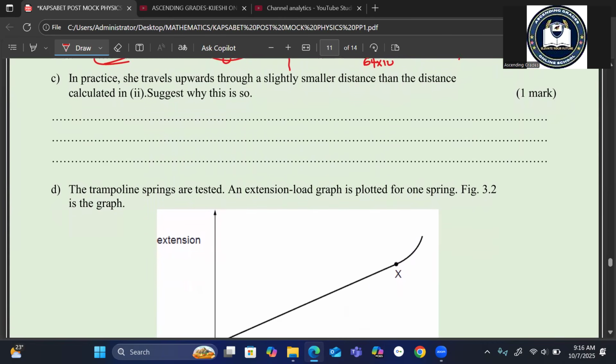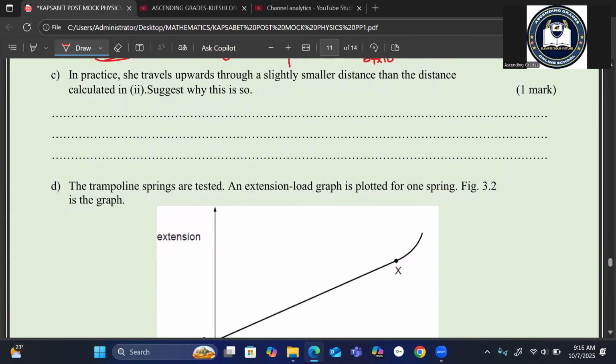As this lady athlete moves upwards, she's going to face some air drag, that is friction of the air. She's also going to have some dissipation from the trampoline. So all these may not be accounted for, and that may bring the distance or the height to be less.